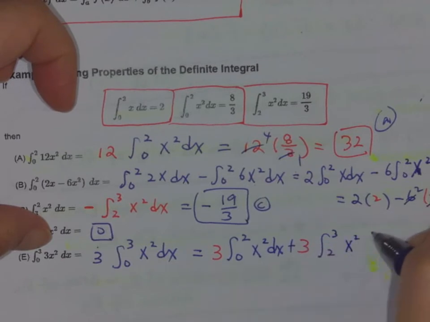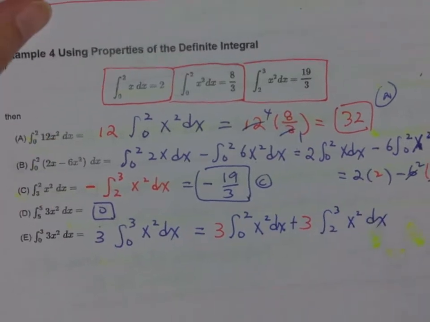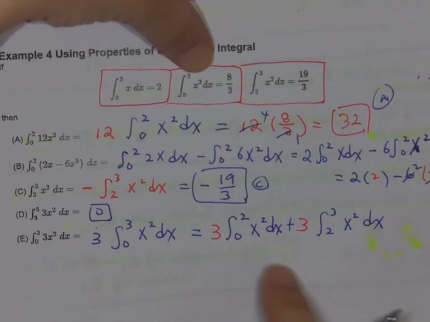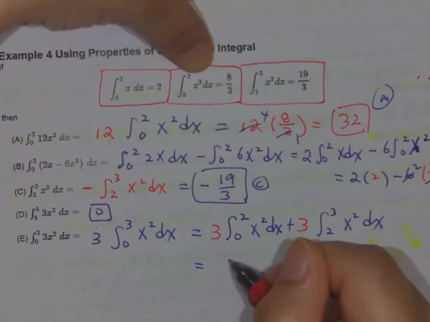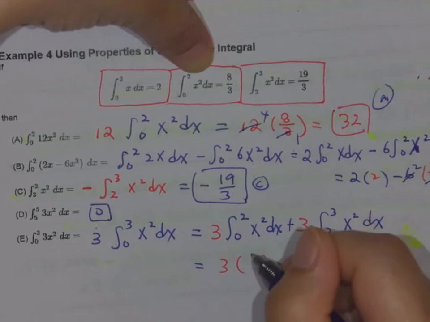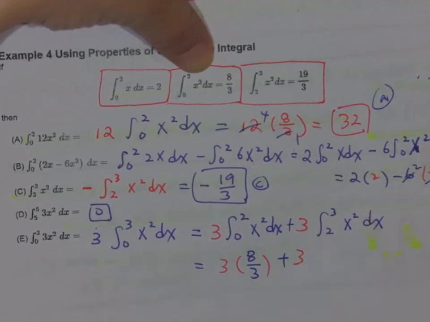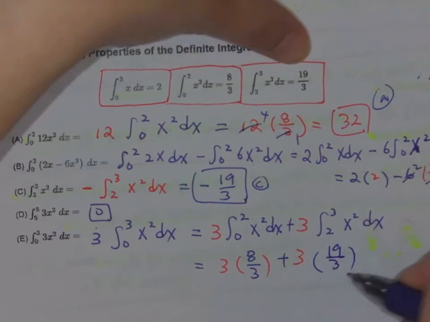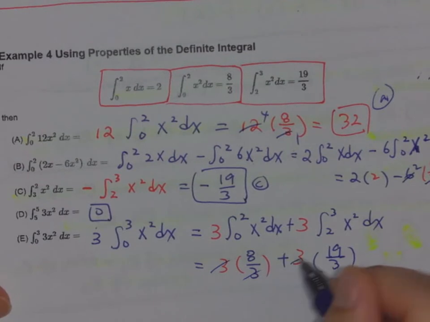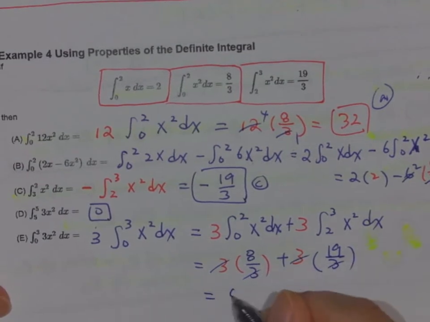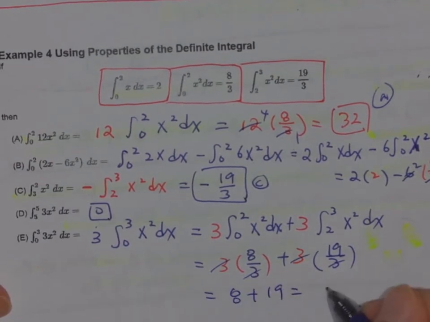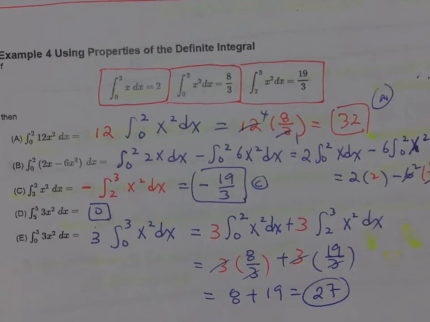So x squared dx from 0 to 2, I got 3 times 8 over 3, and then adding 3 times what is that, 19 over 3, and then I can reduce, so it becomes just 8 plus 19, so this is 27.